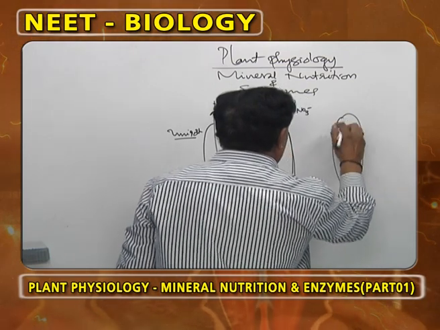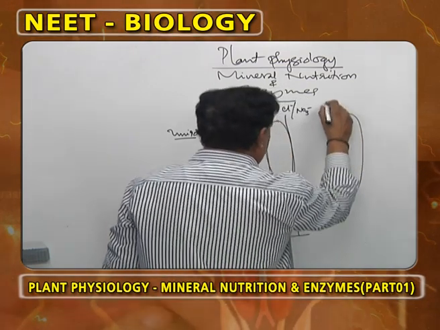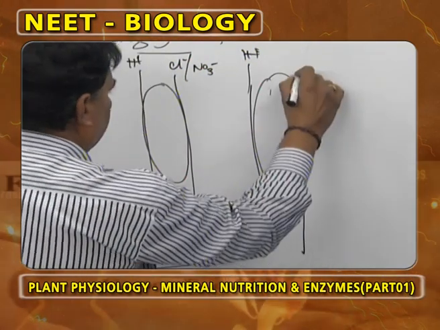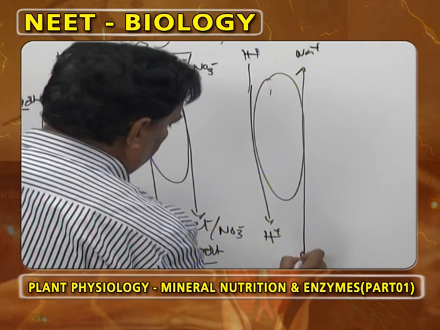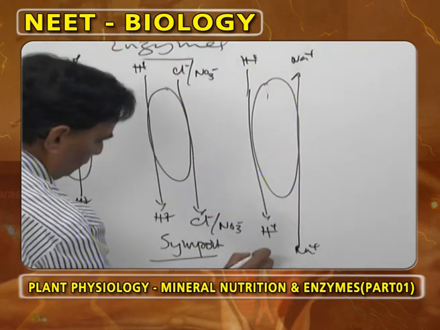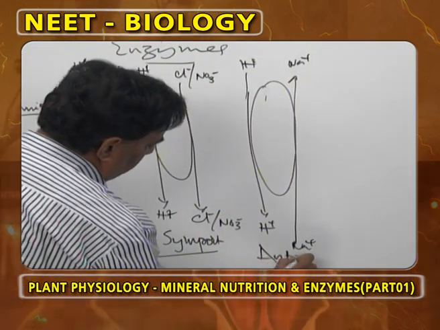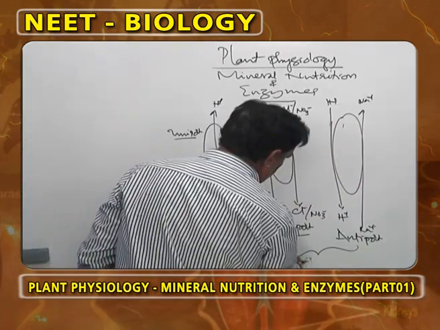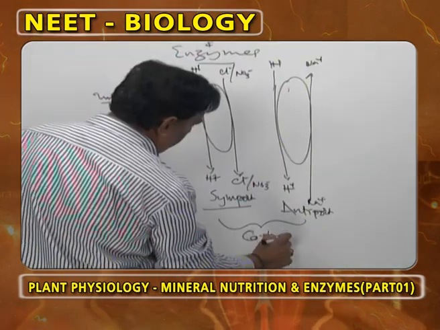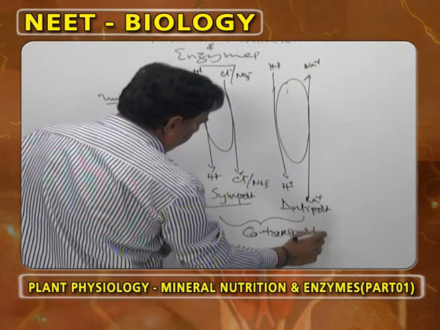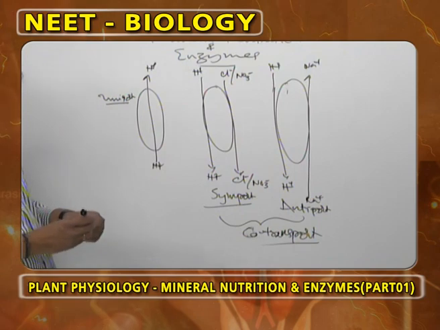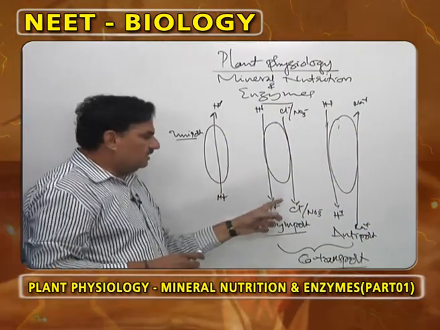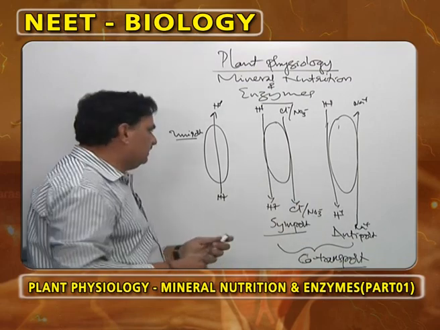If some carriers take H plus inside the cell, when they are taking H plus inside the cell, they throw sodium or some other ions outside the cell. This is called antiport. Both these are combinedly called co-transport, because one carrier performs the movement of two different types of ions either in the same direction, symport, or in the opposite directions, antiport.